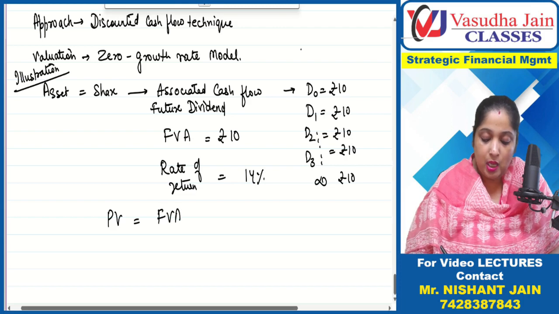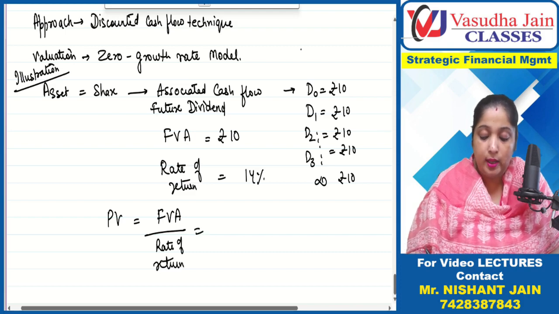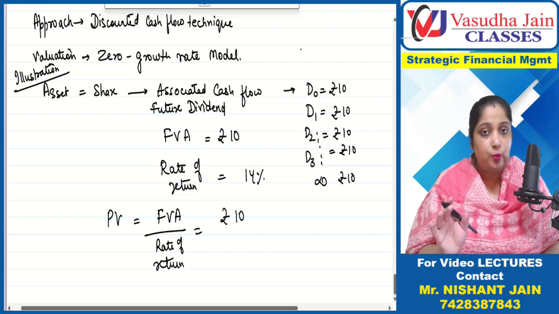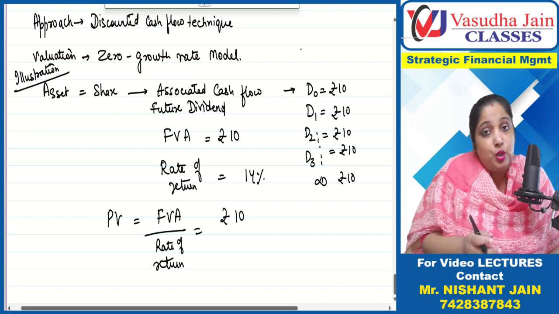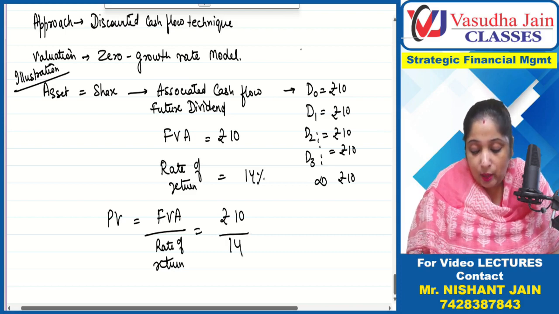It is the future value annuity divided by the rate of return. Every year you want 10 rupees. So how much investment should we do if money is growing at the rate of 14%?